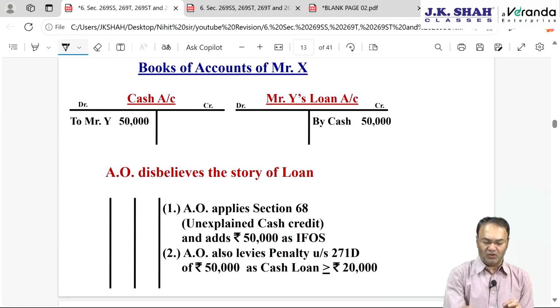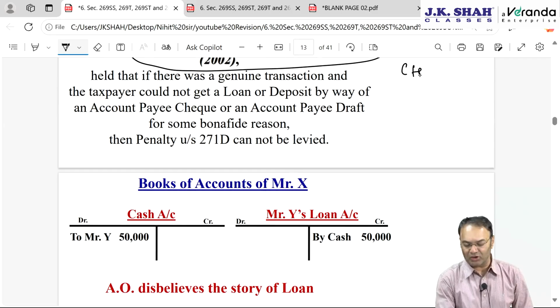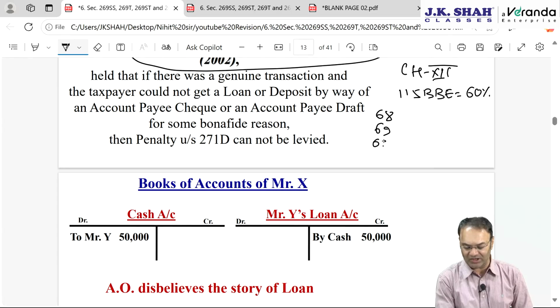Okay. Now, section 68, unexplained cash credit. We had discussed one point relating to that. If you recollect, while discussing chapter 12, the special rates of tax chapter, we had discussed section 115BBE, whereby a 60% flat tax rate is attracted on incomes covered by sections 68, 69, 69A, B, C, D, which are all undisclosed income.